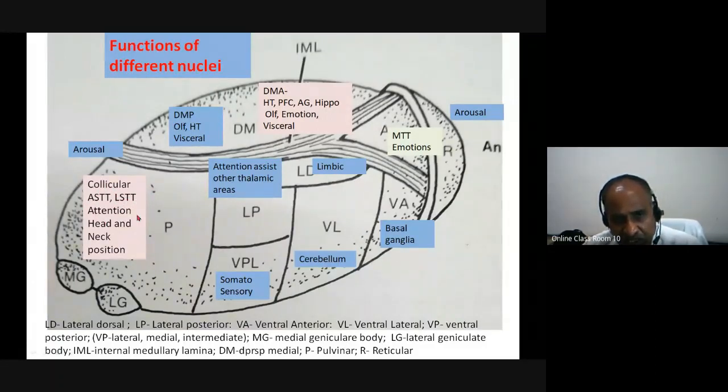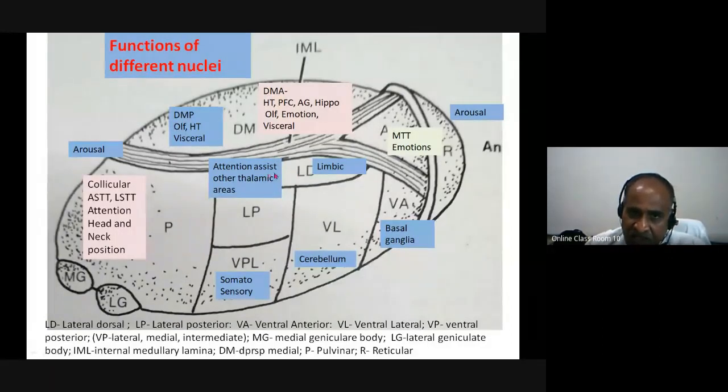It performs attention, head and neck positioning. Ventral posterior lateral, this is somatosensory. Then ventrolateral is connected to the cerebellum, that is coordination. This is ventral anterior, connected to the basal ganglia, for planning and programming of the motor action.